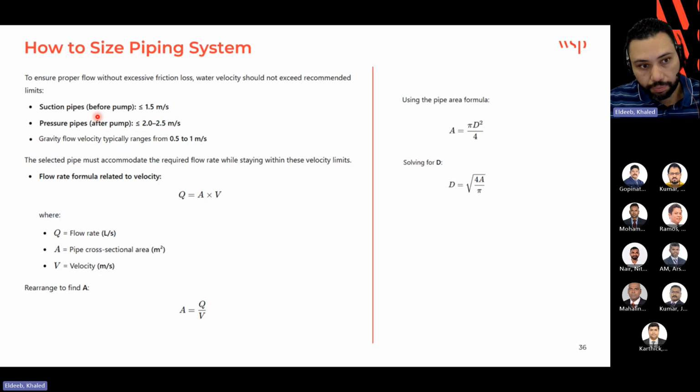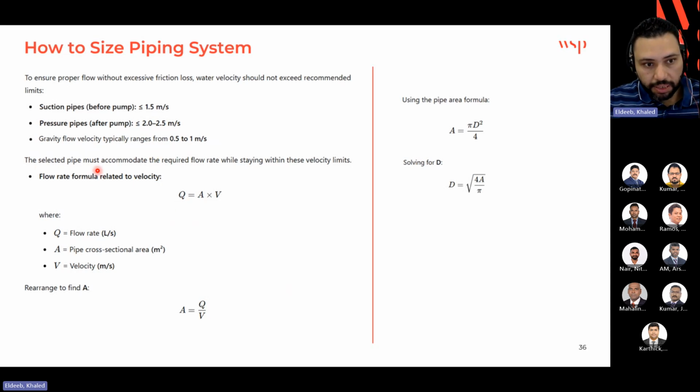The suction pipe before the pump has to be like 1.5 meter per second, but downstream the pump, 2 or 2.5 meter per second could be a higher speed. For the gravity, as I told you, if it is membrane 0.5, if it is something else, it could reach 1 meter per second. And I'm going to show you how every individual one will be sized.